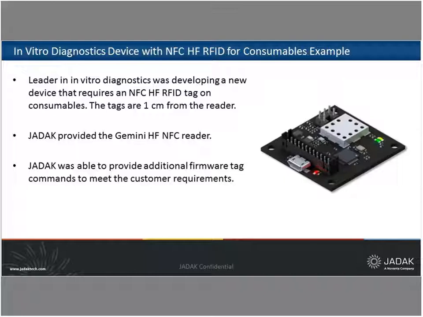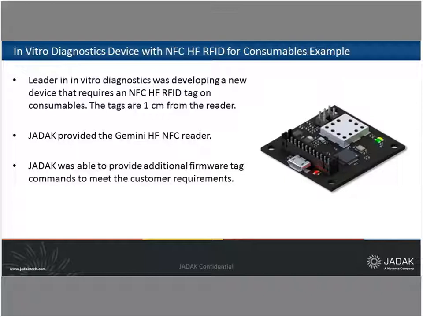So not all 15693 or 14443 readers can take advantage of all of these tag features. Most of them can read the UID. So if you're just interested in unique identification, that's probably fine to switch between readers.